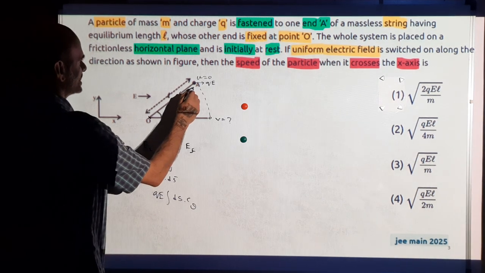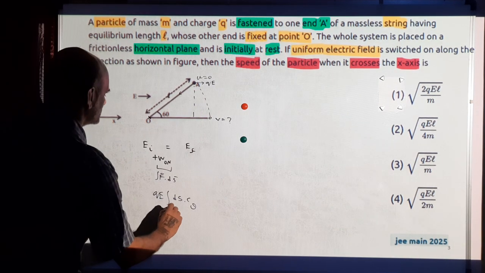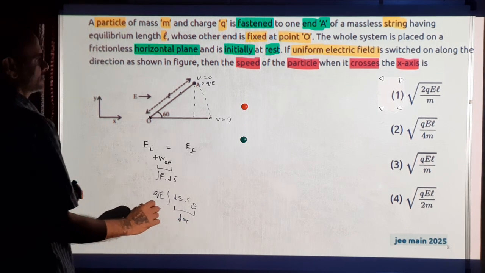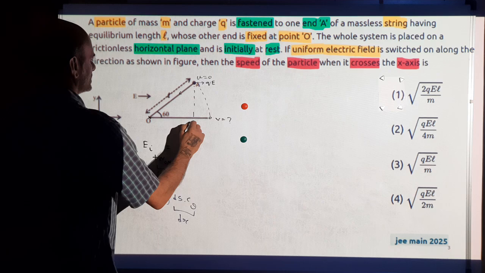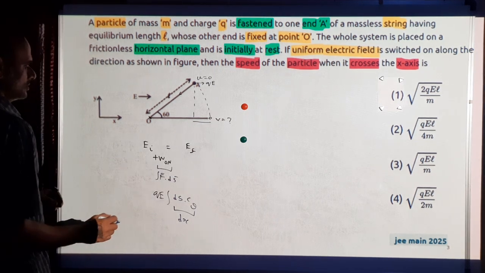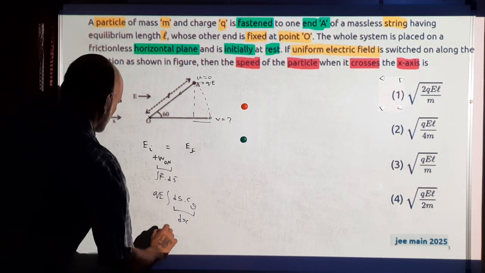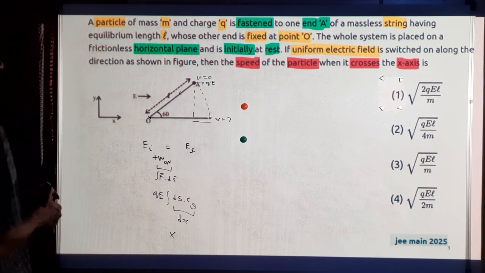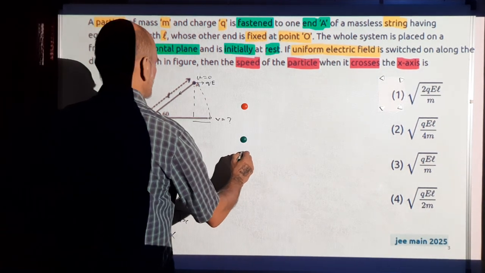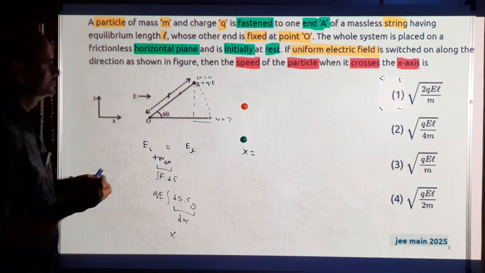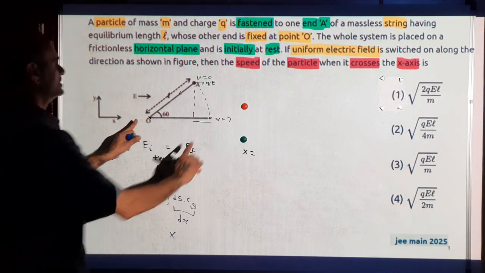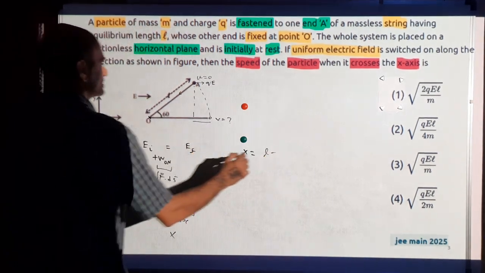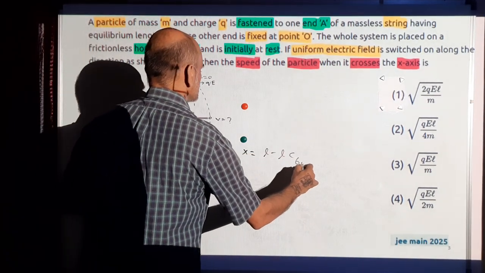Which is the x displacement, so this is nothing but dx, and the total displacement is from here to here. This we can represent as x, and that x is nothing but this length minus this length, that is L minus L cos 60.